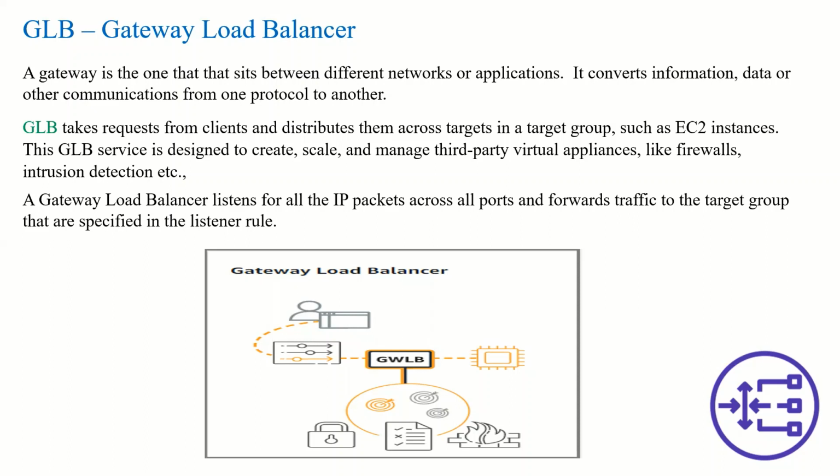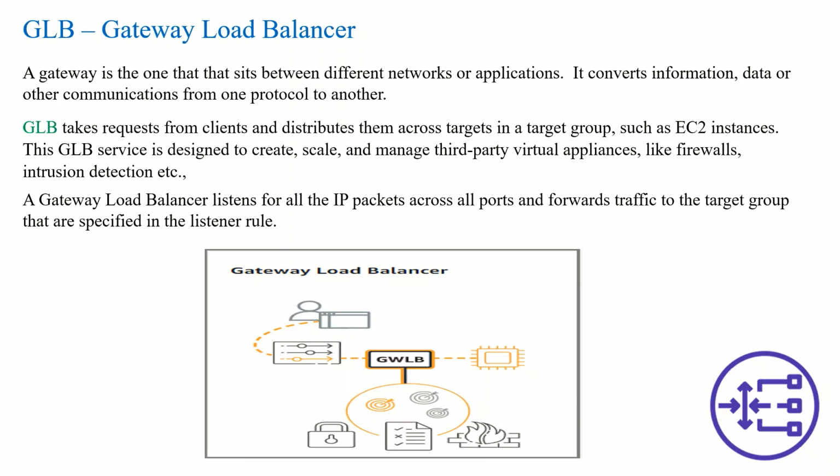Instead of the virtual machines here, you're diverting the traffic between the on-premises and the cloud. Based on the request, based on the requirement, that particular user will be diverted to the on-premises data center or the cloud one. That is managed by the gateway load balancer.